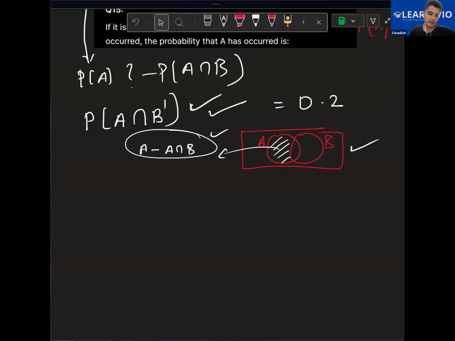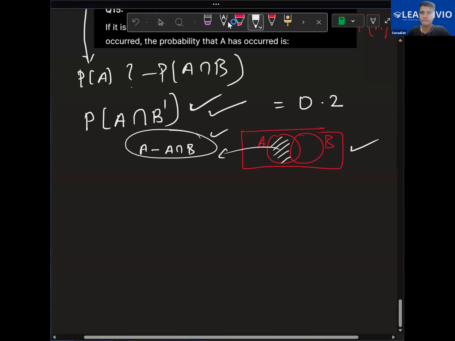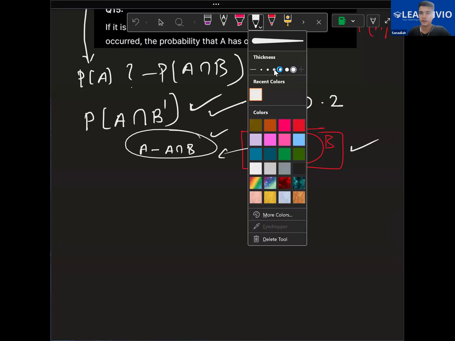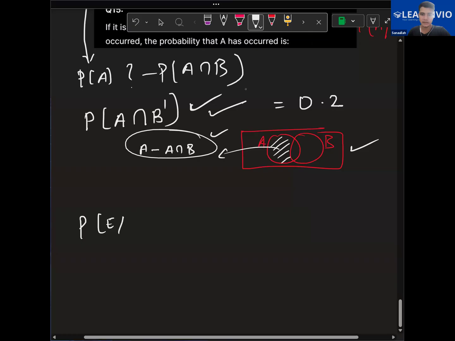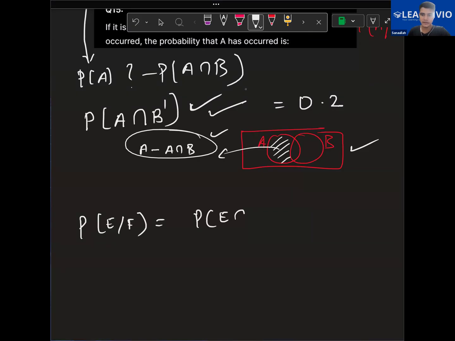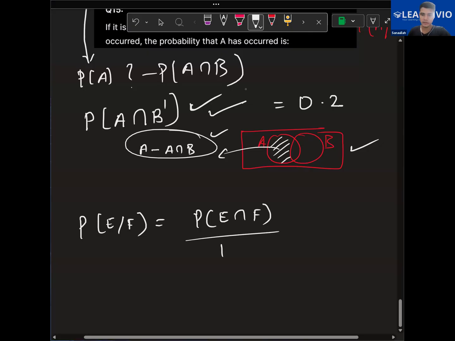If you have some event F that is already done, and you have to find the probability of event E, you write this as P(E|F), and that can be found using this formula: P(E|F) is P(E intersection F) over the probability of F.